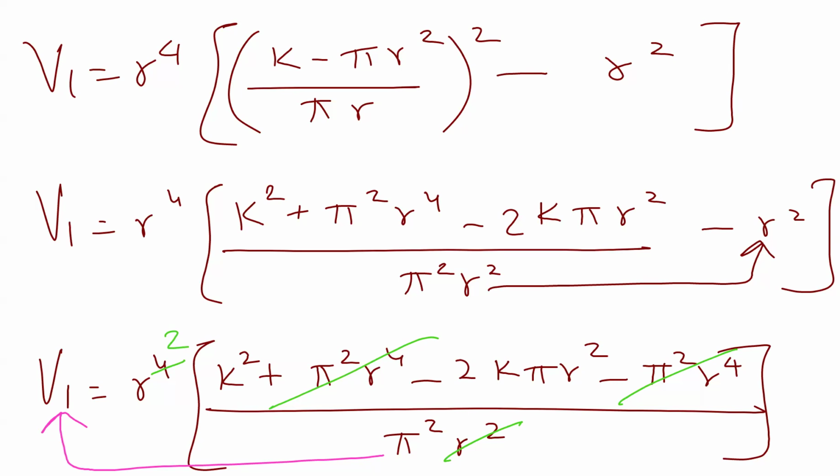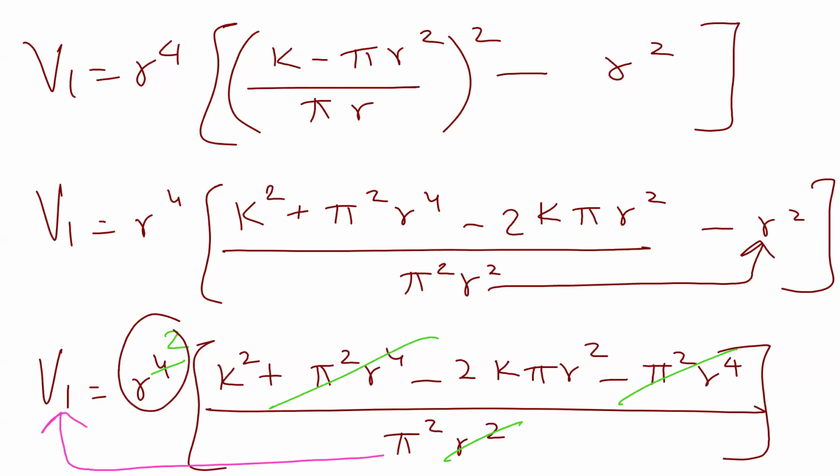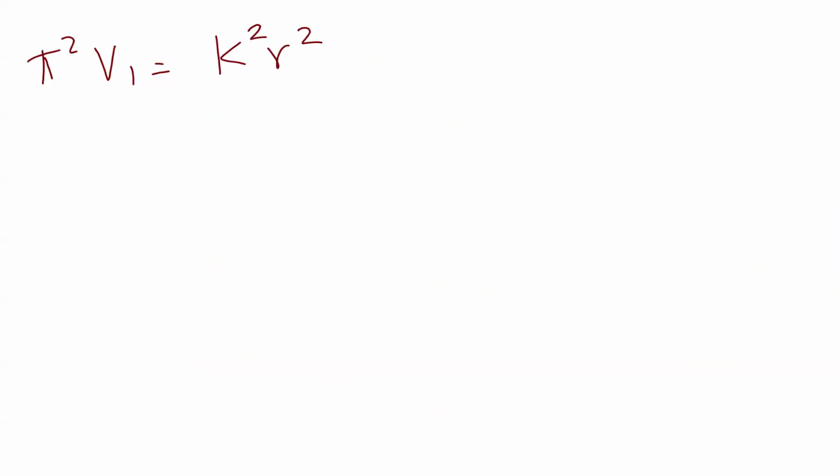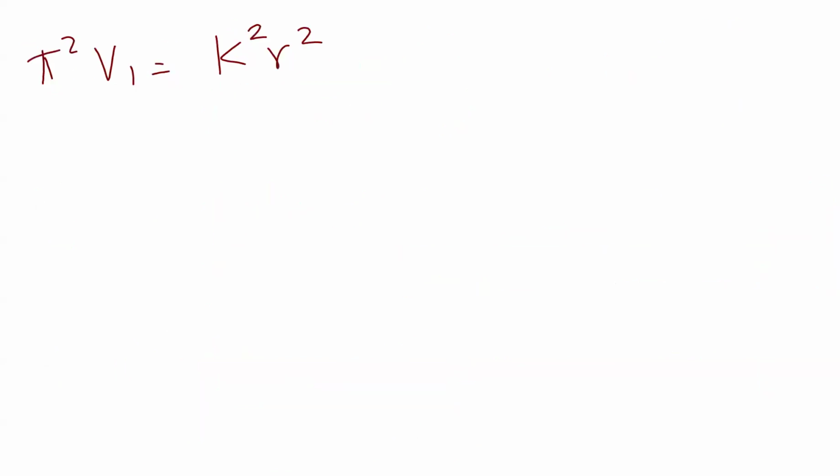So pi square V1 is equal to, I'll multiply R square with all the terms in the bracket. K square R square minus 2K pi R raised to 4.